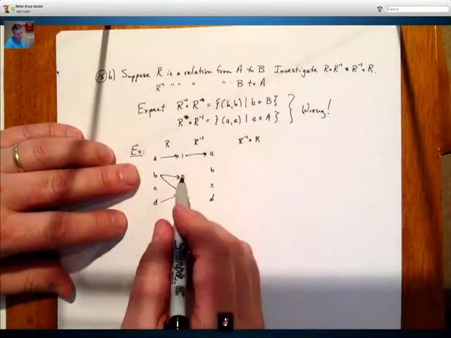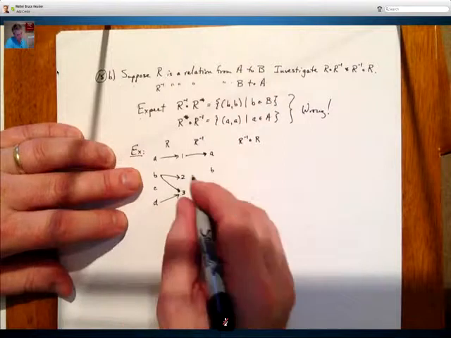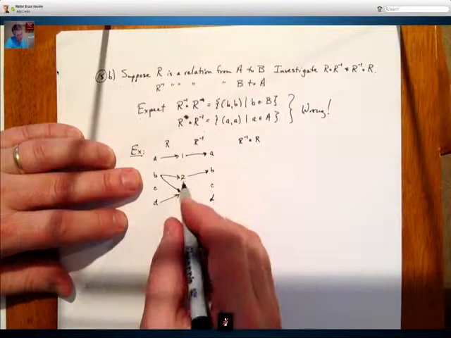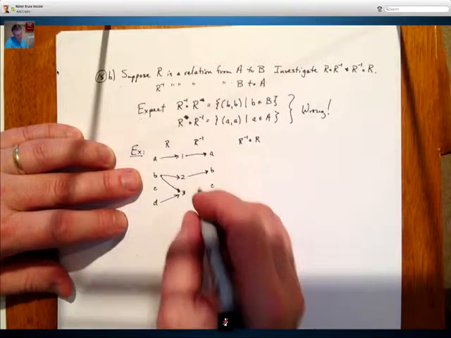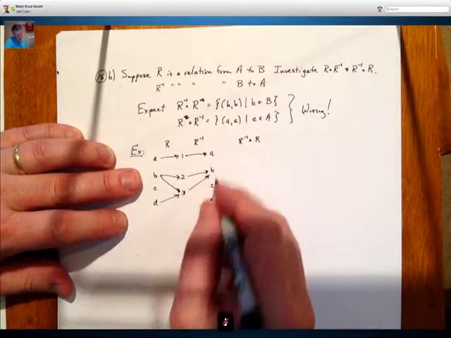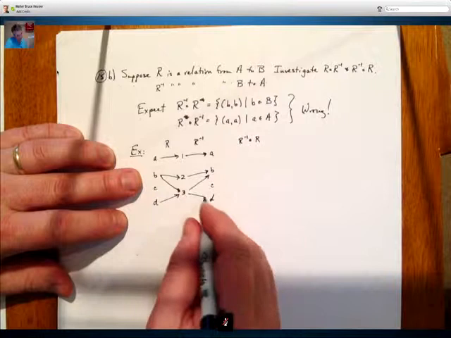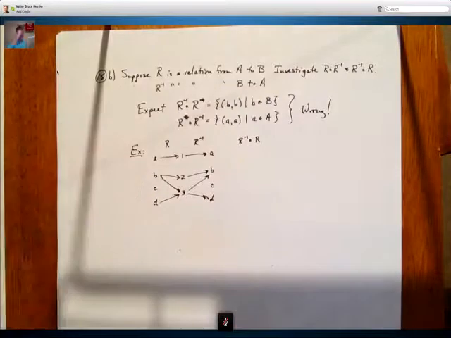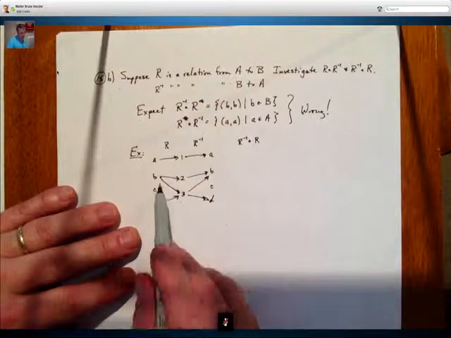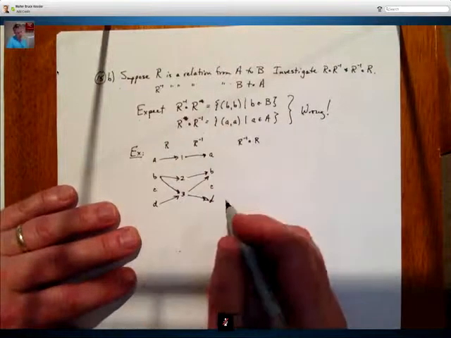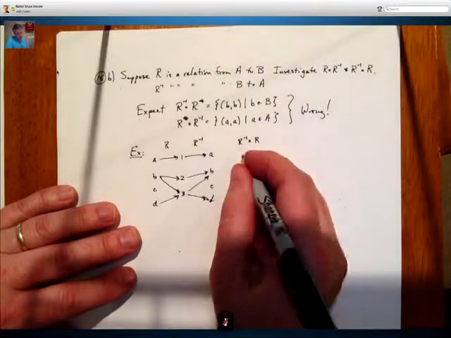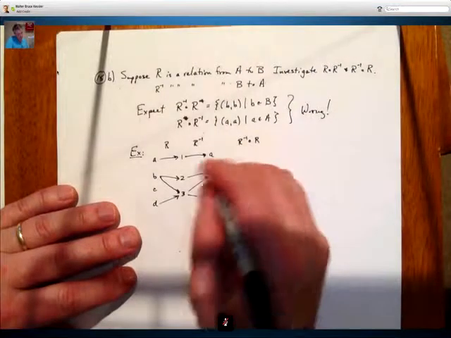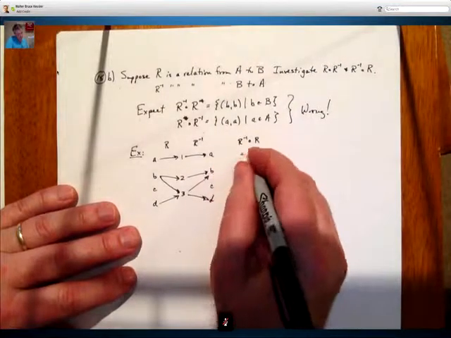Well, reverse all these. So 1 does go to A. 2 goes to B. But then 3 goes to B. And 3 goes to D. Right. See what I did? Just reversing the direction of all these arrows. Okay. So what do I end up with in here?